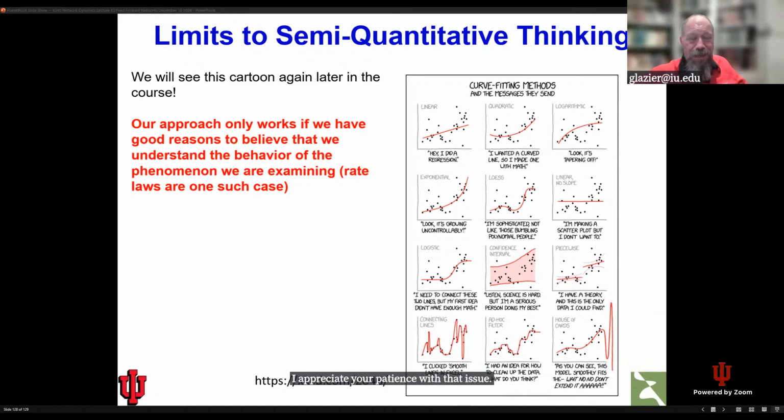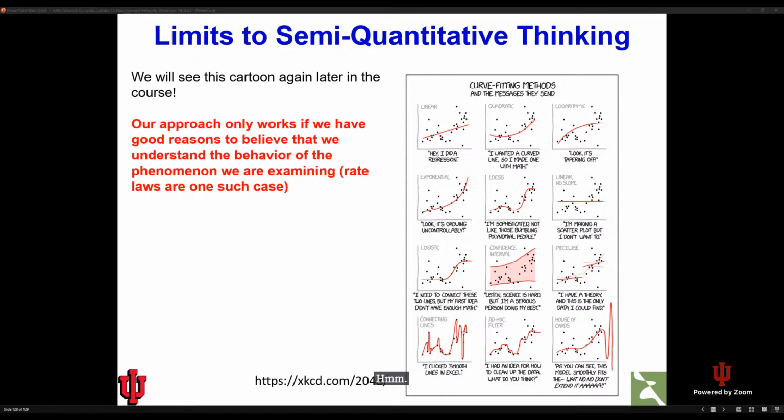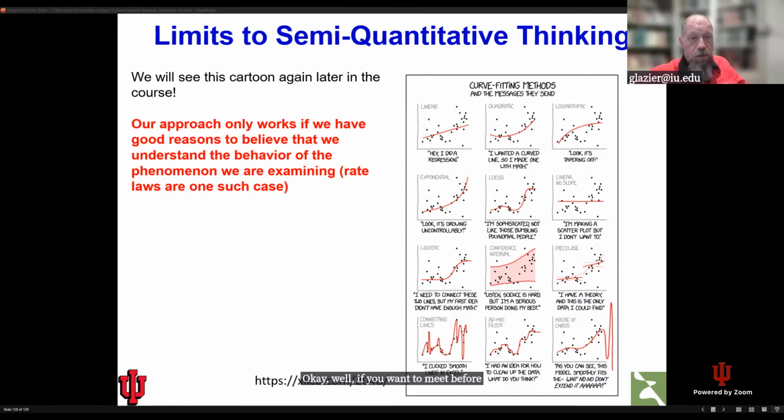I don't understand what happened with the switching, with the events in the Gillespie solver. I'm going to have to go back and play with that a bit myself to understand why the event handler wasn't doing what I expected. Okay, well, if you want to meet before next week, let me know and I'll do my best to set up a meeting time.